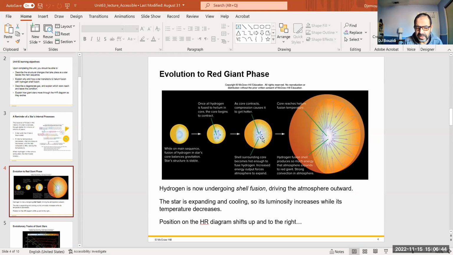And when it gets hotter, the hydrogen in the shell outside of the core starts to fuse, pushing the rest of the layers of the star upward. So in this case, the star grows in size, and as it grows, there is more heat dissipated through a bigger area, so the temperature outside becomes less and less.